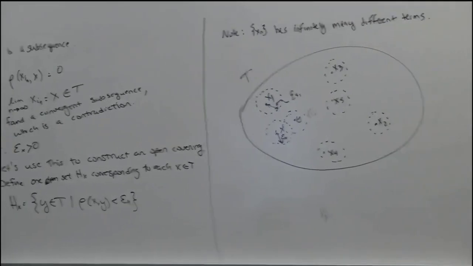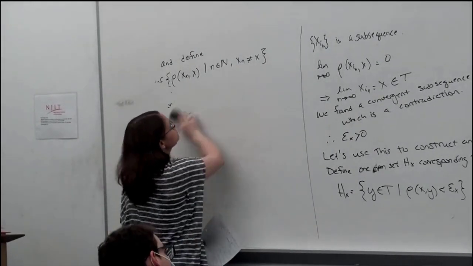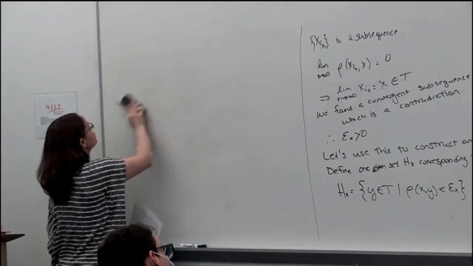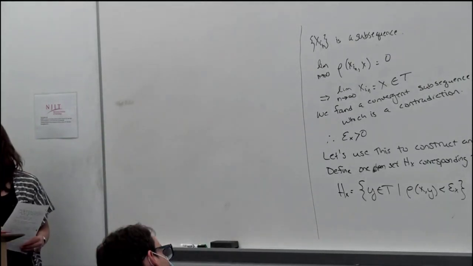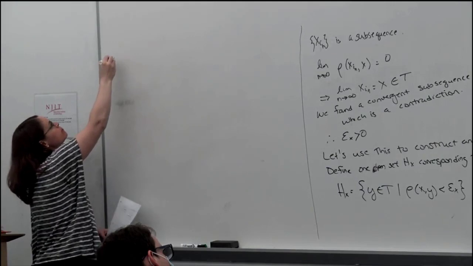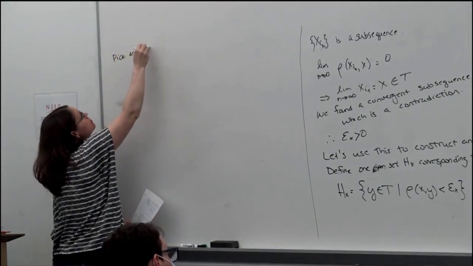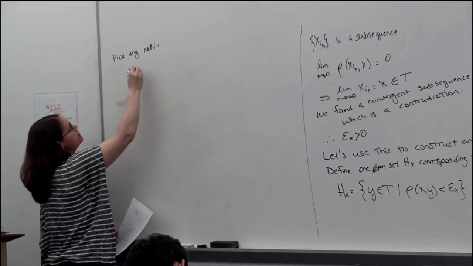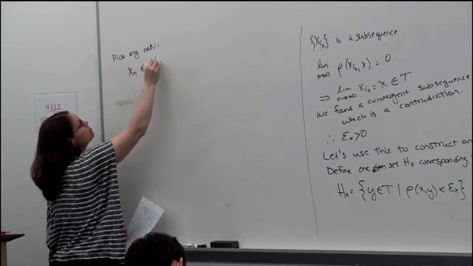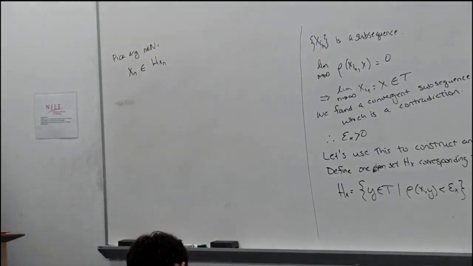Okay, let's stay over here. So I pick a point in my sequence. Then what do we know? We know that xn belongs to the ball I've constructed around it, of course.